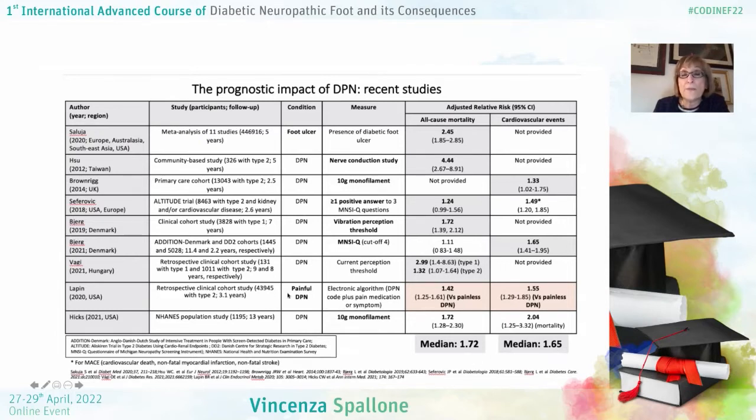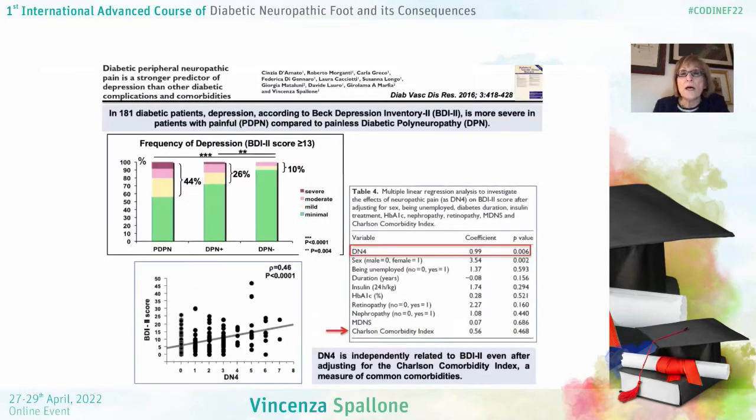And I'd like to note that the painful form is worse compared to painless polyneuropathy. The impact of the painful form on the life of people with diabetes is not only regarding mortality or cardiovascular morbidity, but also quality of life.